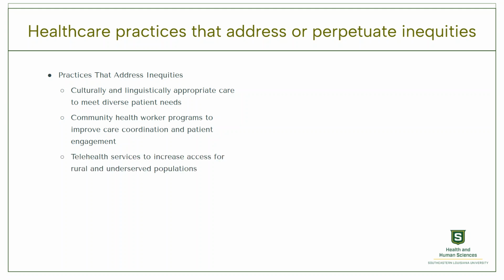Telehealth services have also been very good at increasing access in rural and underserved populations. Implicit bias training is also one of those things that has been good at reducing disparities in care delivery. Like I mentioned before, and I want to reiterate here, with implicit bias training it's important to get people to understand that anyone can have implicit bias.